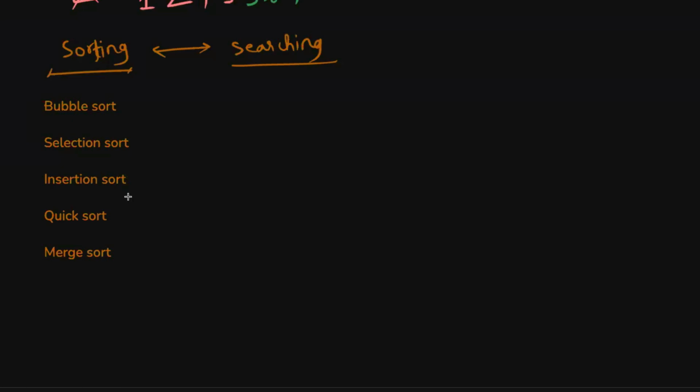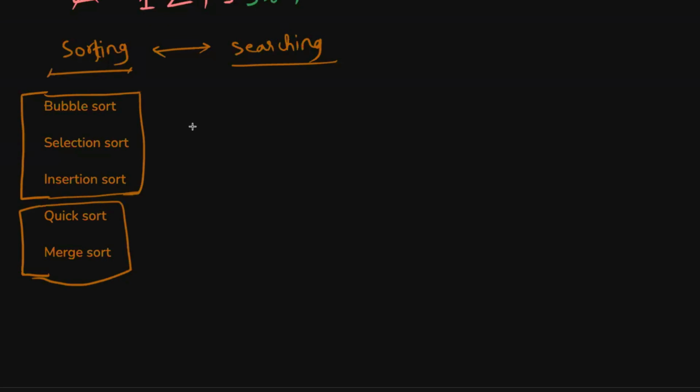Okay, so these sorting algorithms I would further categorize into two. The categorization is based upon simplicity and performance. For these three sorting algorithms, the time complexity is O of n square.